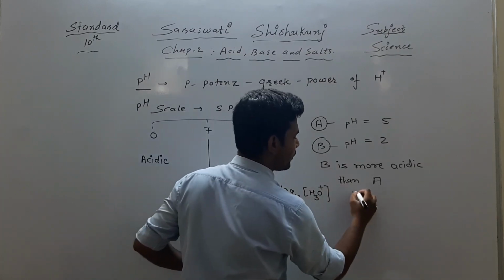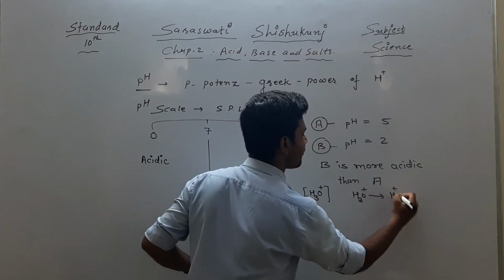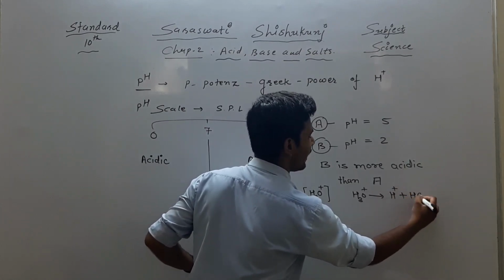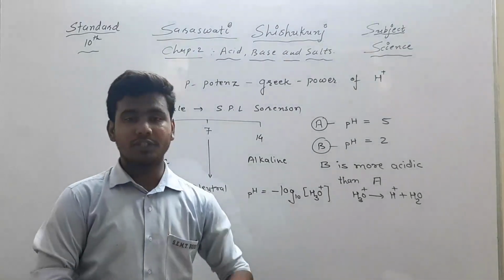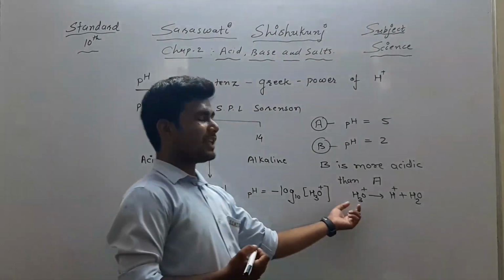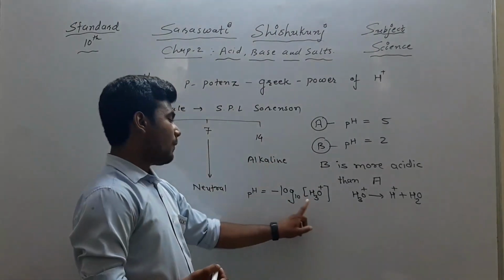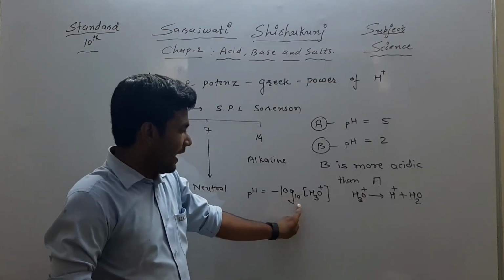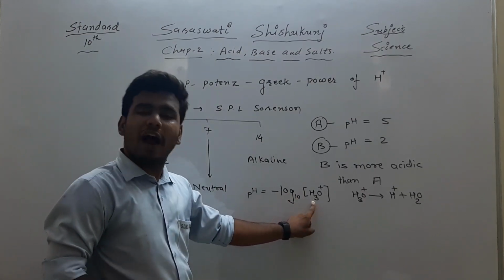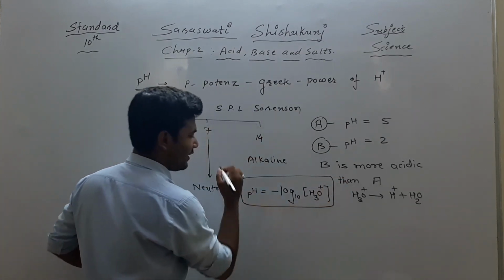Here, how is H3O plus formed? It is formed by the reaction of H plus with H2O, because H plus is highly unstable and reacts with water to form H3O plus, which is known as the hydronium ion. So the negative value of the logarithm with base 10 of the concentration of hydronium ion is considered as pH.